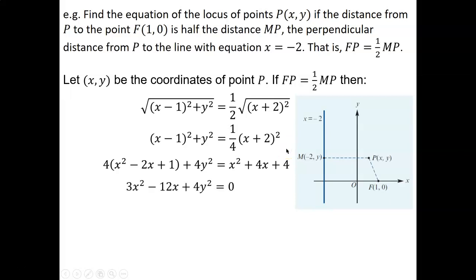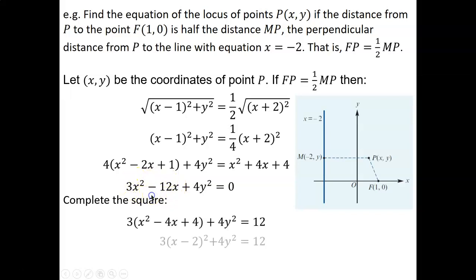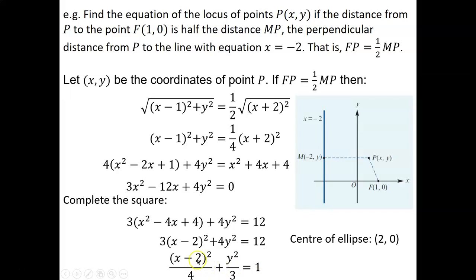Now I can expand these brackets here and collect up like terms. I need to complete the square for x here. And then I'm going to divide everything by 12, so I've got an equation that's equal to 1. So I can see that this ellipse has a centre at 2, 0.